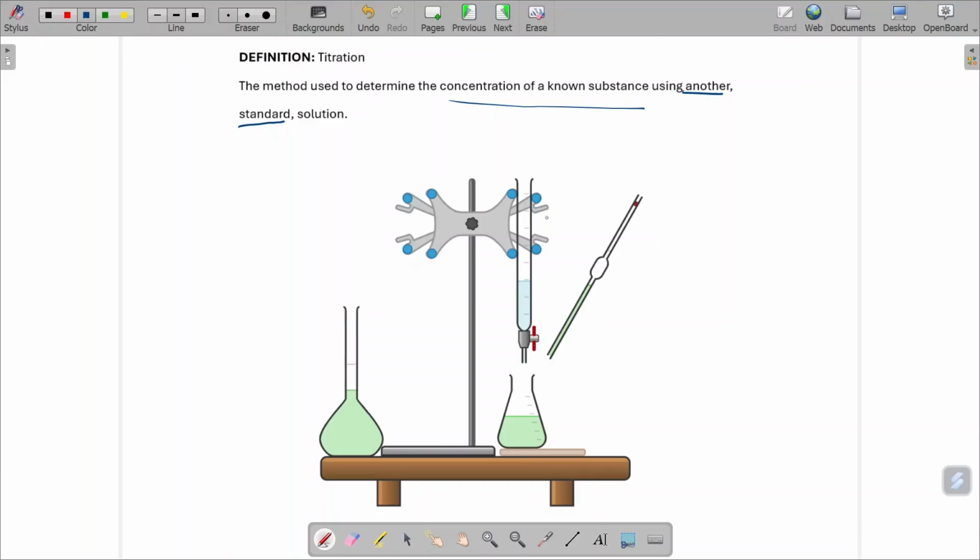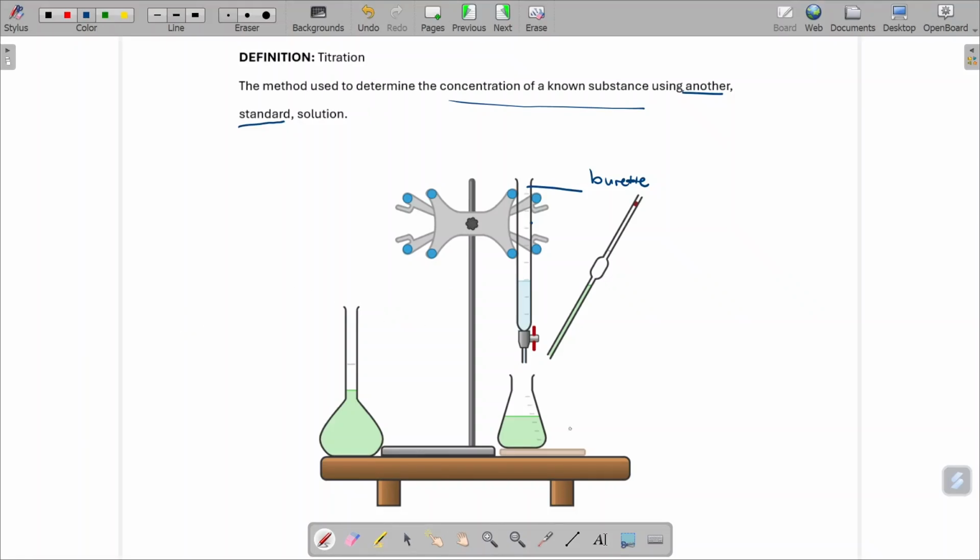So, first of all, this device here is called a burette. And this is where we put our standard solution in, which we are going to add to our unknown, and we are then going to measure the amount of the standard solution that it takes to exactly neutralize the unknown solution. The unknown solution sits here in the conical flask.